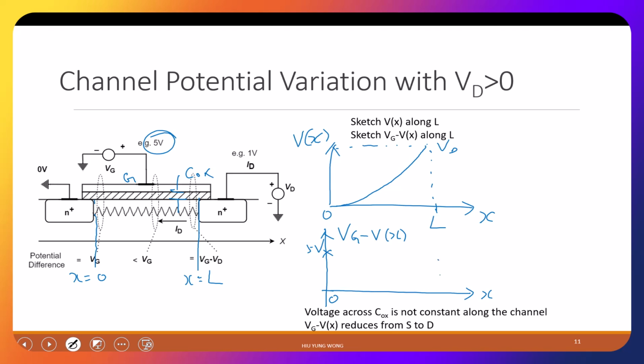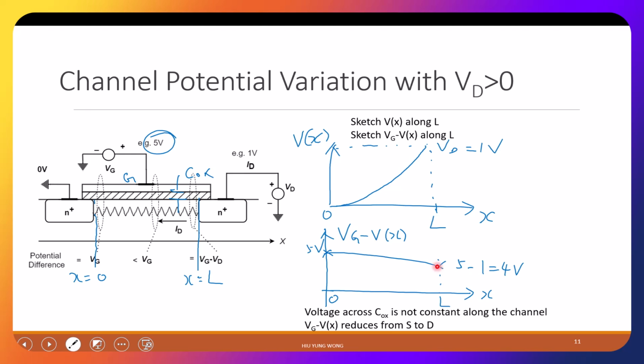When I reach L, then it will drop to what? It was 1 volt there, right? So Vg minus Vx is 5 minus 1, equals 4 volts. Okay, that's it, very simple.